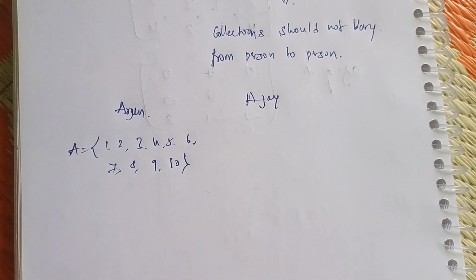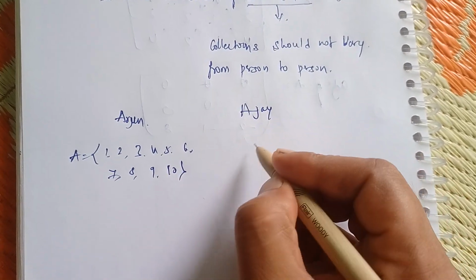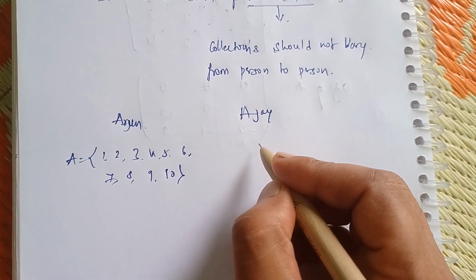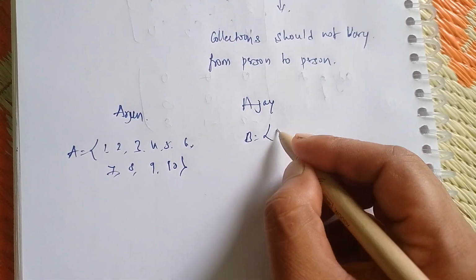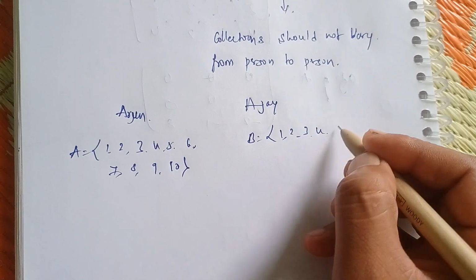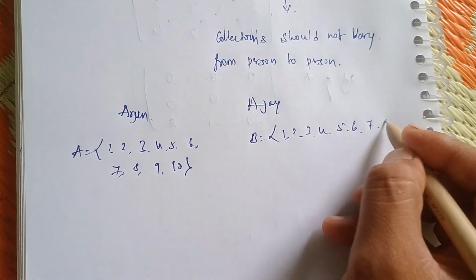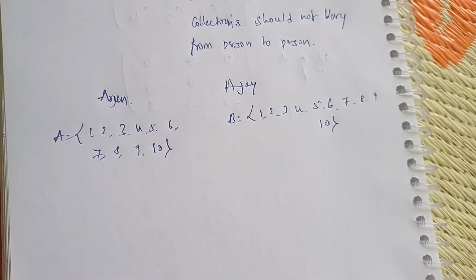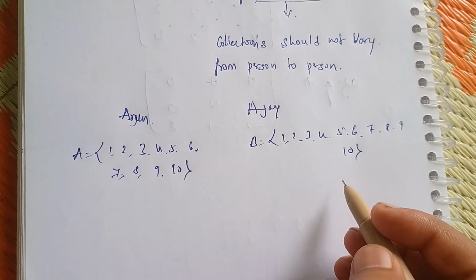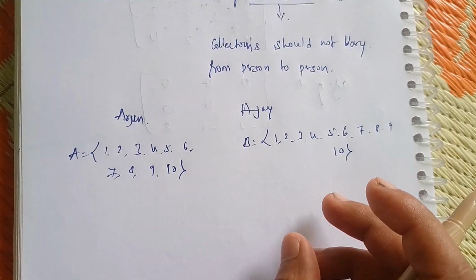The same thing I tell Ajay, and he also collects 1, 2, 3, 4, 5, 6, 7, 8, 9, 10. Now observe, students, are both sets the same or different?